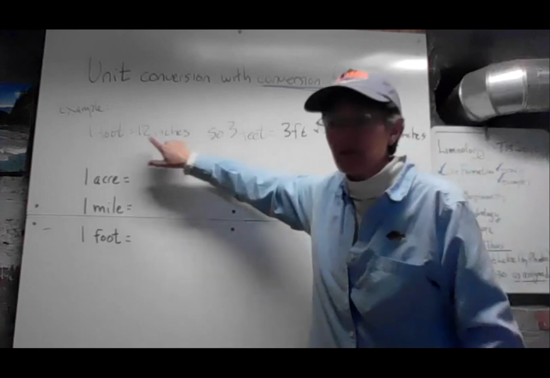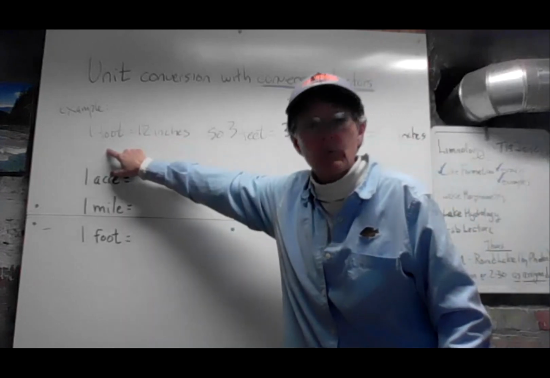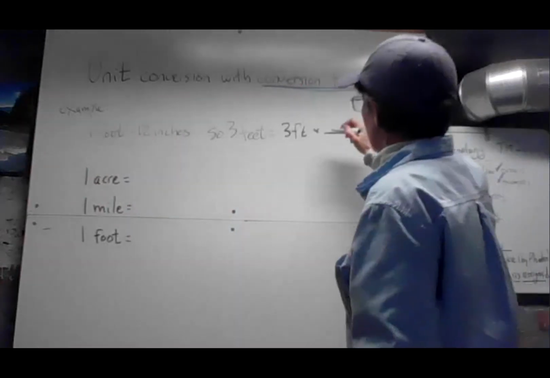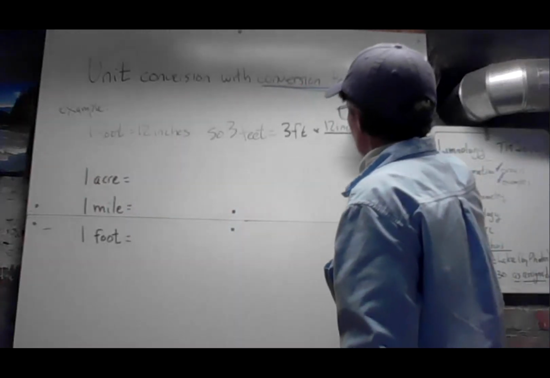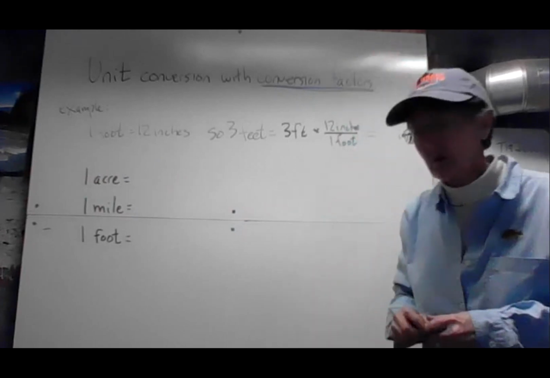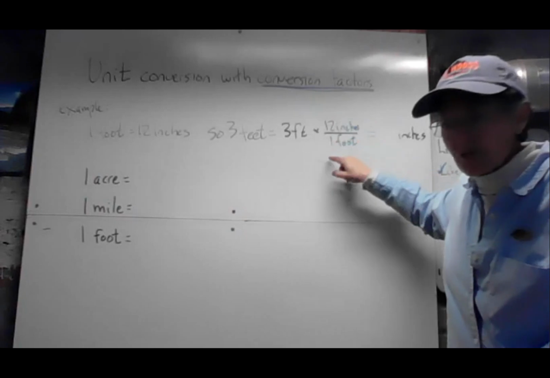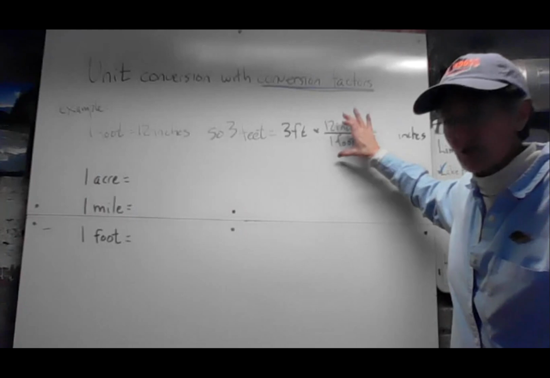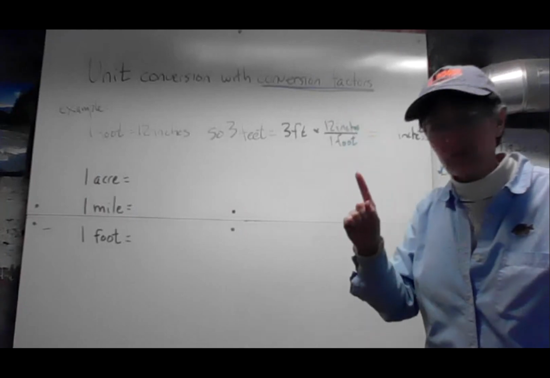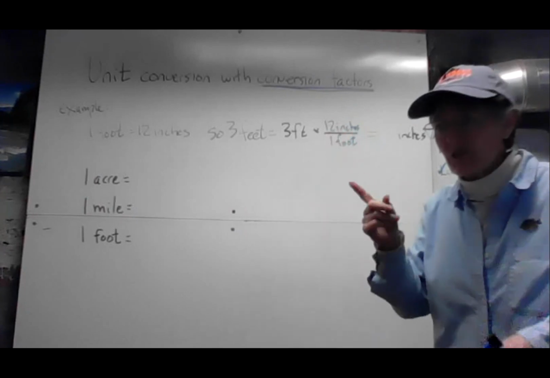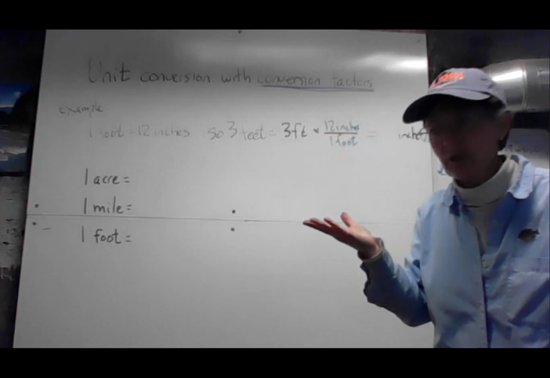Well, 12 inches is the same length as 1 foot. So if we have a fraction that is 12 inches divided by 1 foot, 12 inches is exactly the same length as 1 foot, and 1 foot is the same length as 12 inches, so this fraction is equal to 1. It is a unitless number because it's just the ratio of 2 equal things.